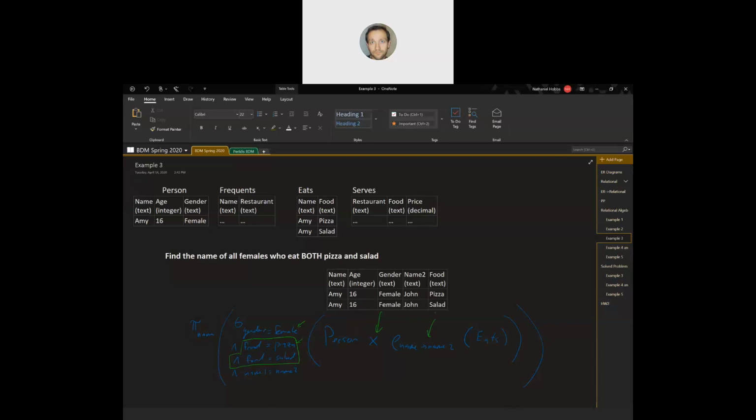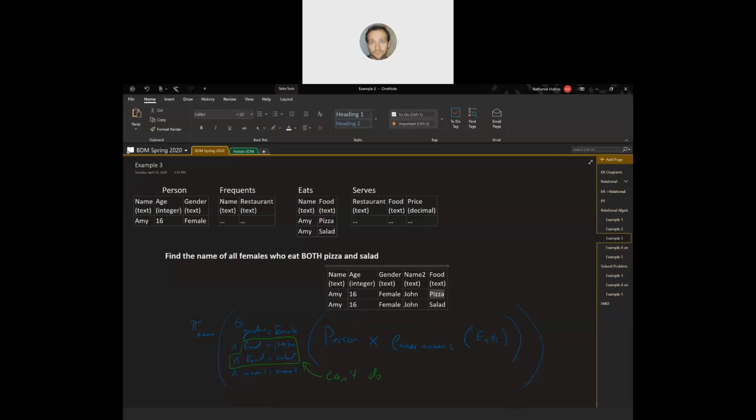So this is a nice first guess, but it's this part highlighted in green that is the big problem. This you can't do. In fact, that would just eliminate everything, because here food equals pizza.